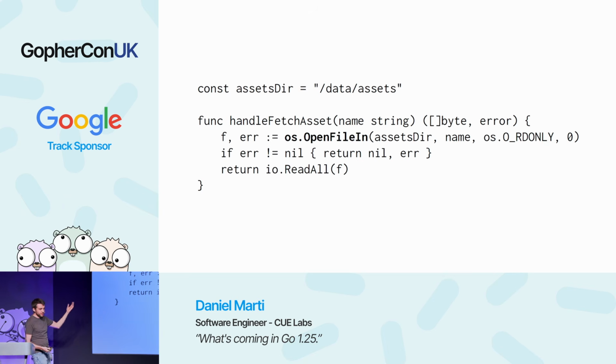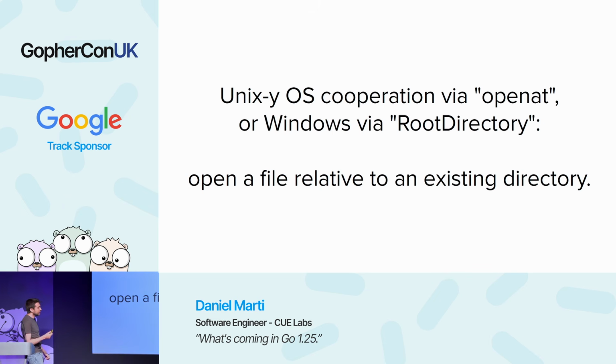So this will work with symlinks. This will not let a symlink point out of the directory. On Unix OSs like Linux, this uses the openat system call instead of the open call, which is basically the same idea. And on Windows, there's an attribute that you can pass to open file called root directory, and it's basically the same idea. This open call has to be underneath this root directory.